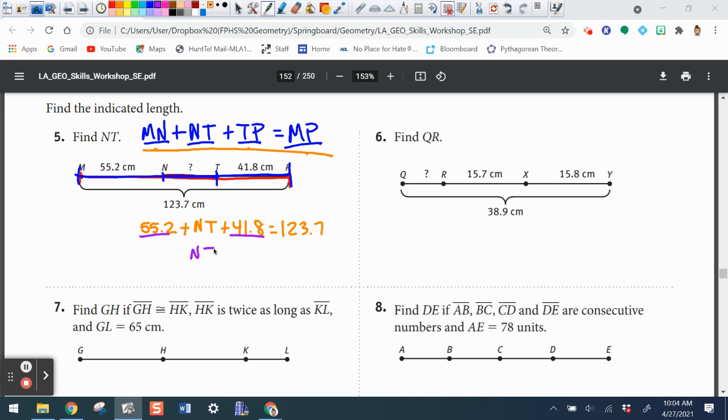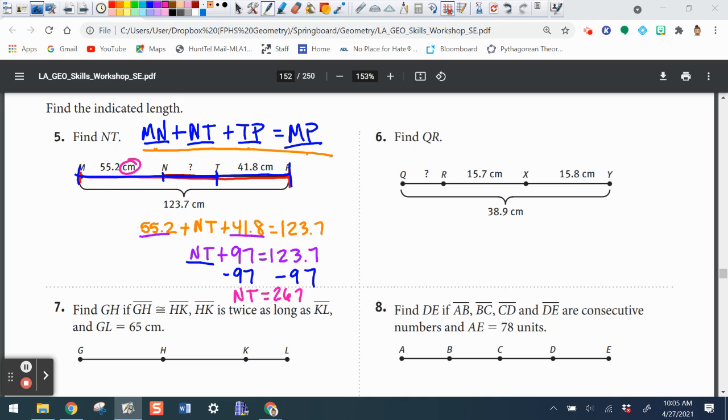And I'll bring down NT plus 55.2 plus 41.8, which is 97, equal to 123.7. And if our goal is to find the length of NT, then we can simply subtract 97 from both sides, the opposite sign, and NT will equal 123.7 minus 97, which is 26.7.